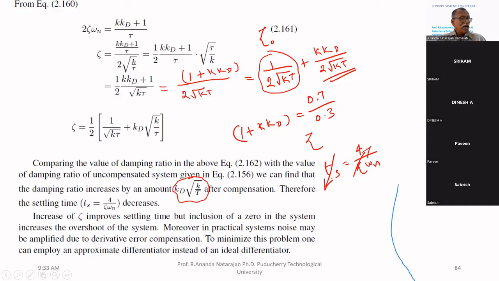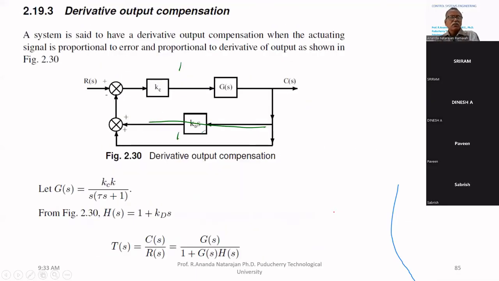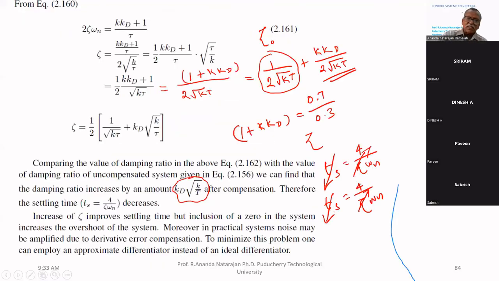As oscillation reduces, it quickly settles. Analytically, settling time equal to 4 upon zeta omega n; as zeta increases for derivative compensation, settling time will decrease. So it improves settling time and reduces oscillations. These are the advantages of derivative compensator. But one drawback is there.